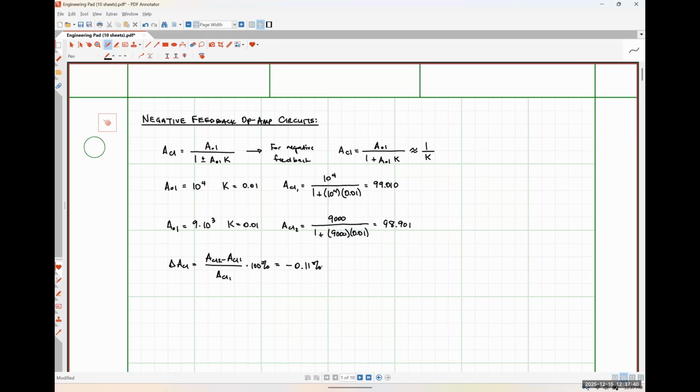Did I do that? So we can see, if I did that math right, that number actually seems like it might be supposed to be 1.1%, but anyway.